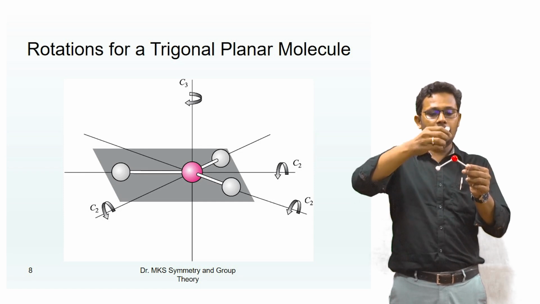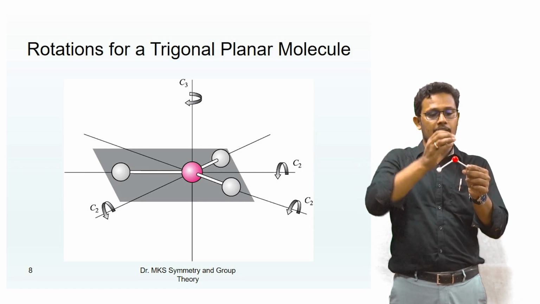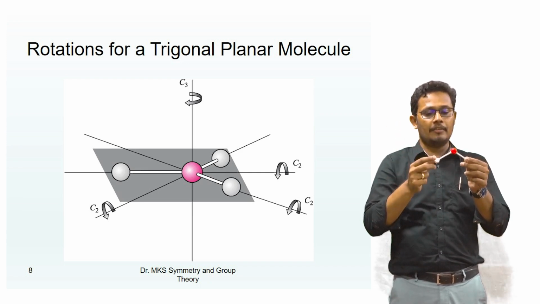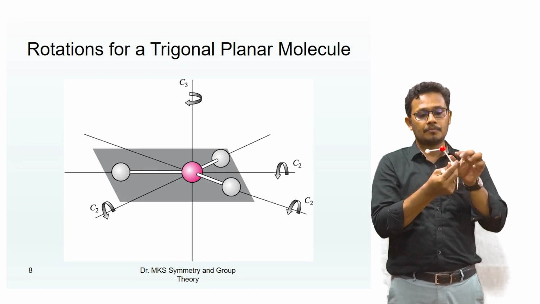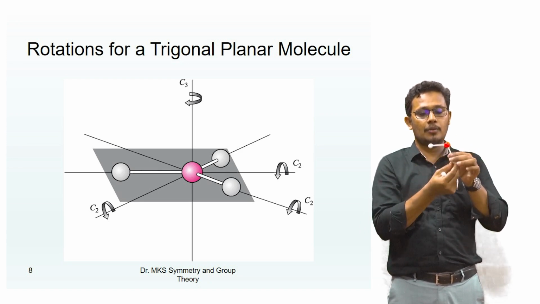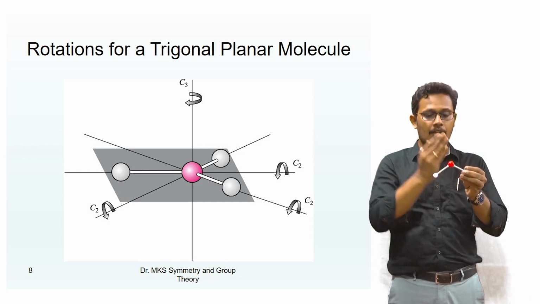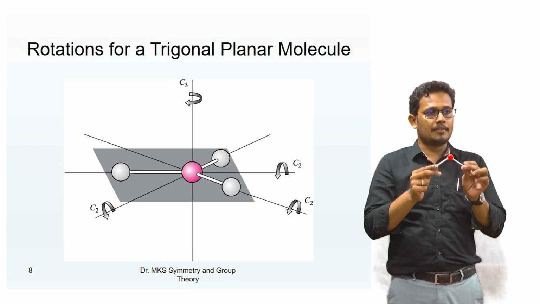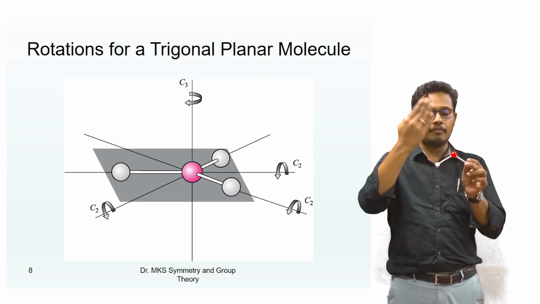Here we have the axis of rotation, and along with this axis we have one plane and another plane. If you consider this water molecule, we have two-times rotation to get an indistinguishable configuration, and we have one plane and another plane, which indicates two planes: sigma V1 and sigma V2.